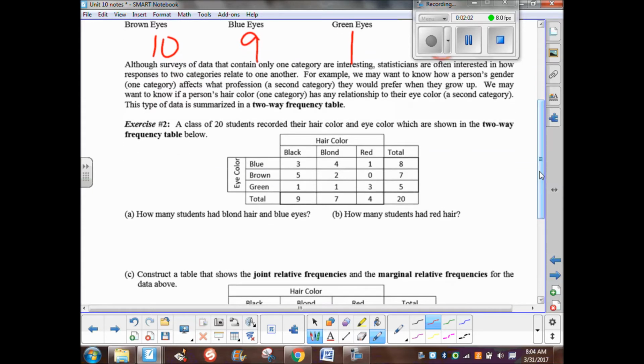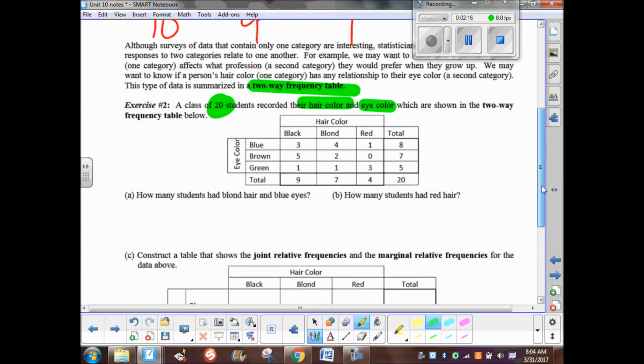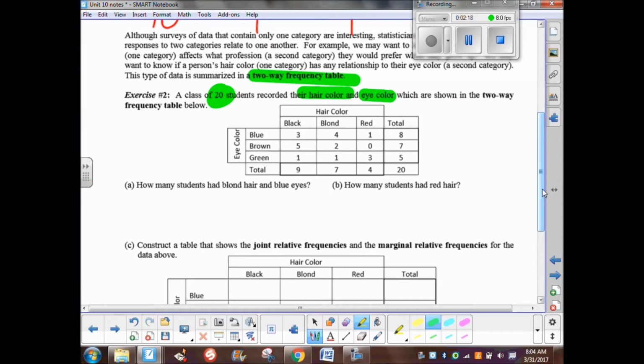So we're going to organize our information in a two-way frequency table. And I have here a class of 20 students recorded their hair color, okay, one category, and eye color, which is shown in the table. So we've got hair color along the top, black, blonde, red, and eye color, blue, brown, green along the side.